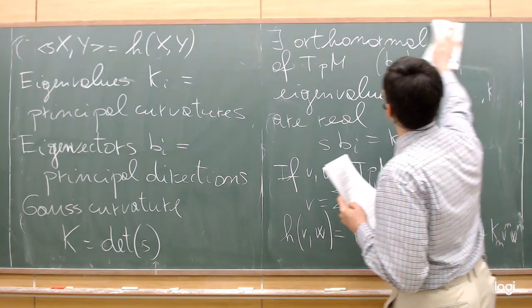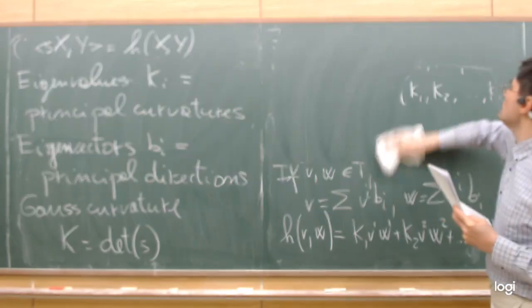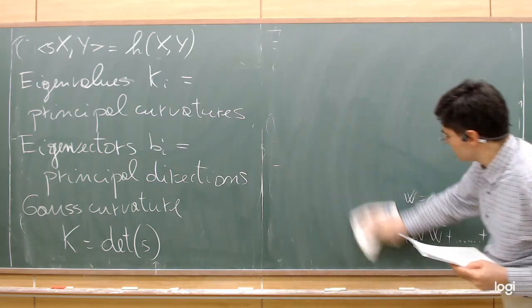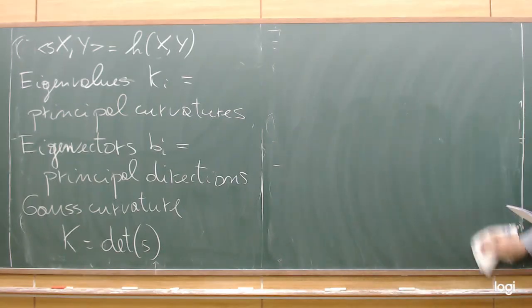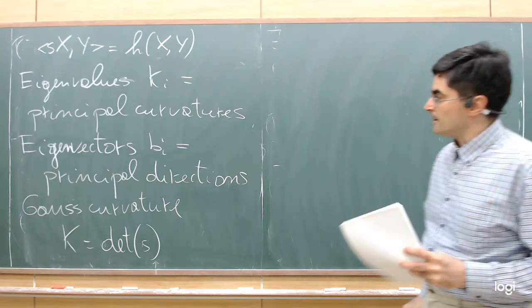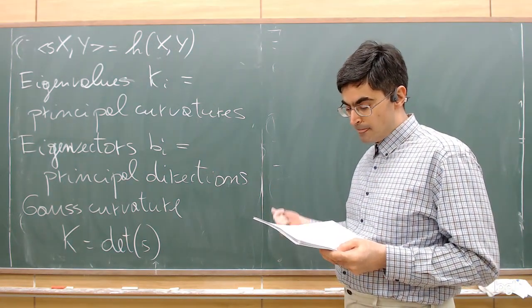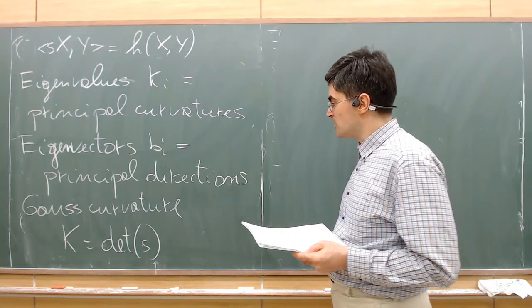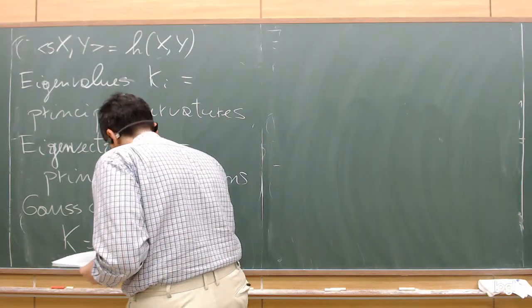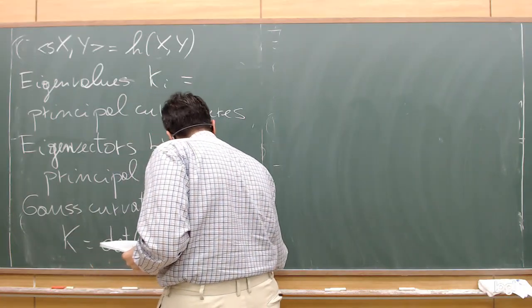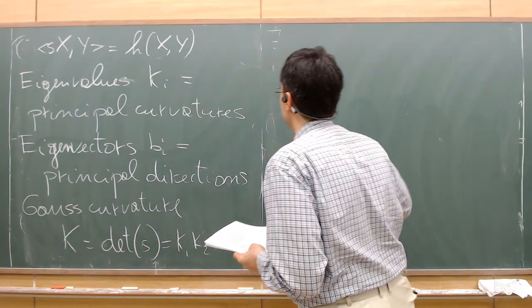and we can define the Gauss curvature as the determinant of the matrix representing S, and if we use the principal curvatures, it's immediate to say that this is K1 times K2 times Kn.